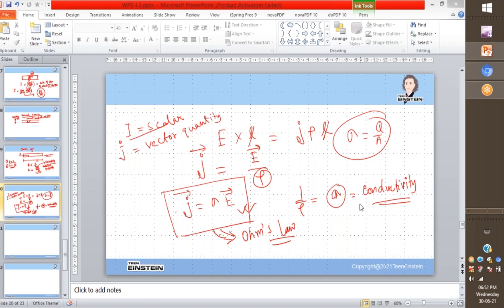And we'll be learning in the 15th chapter there are materials called conductors, semiconductors, and insulators. Depending on the value of this conductivity or resistivity, we'll be defining the material. They are different for different materials.